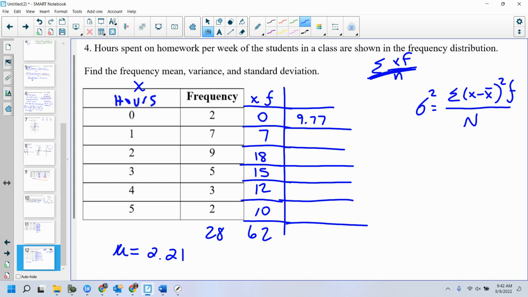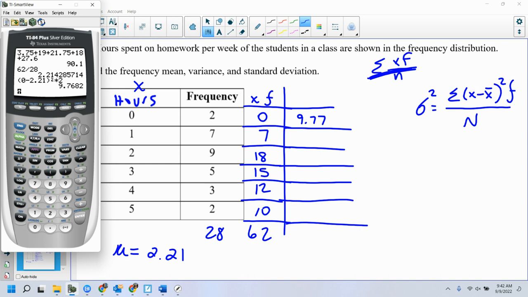Okay, so if x is 1, I'm going to do that exact same thing. But now I've got 1 minus 2.21 squared times my frequency, which is now 7. That's 10.25.